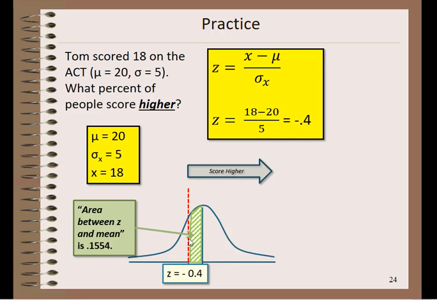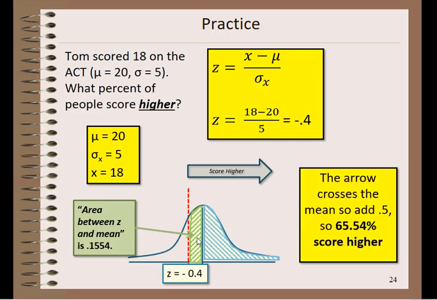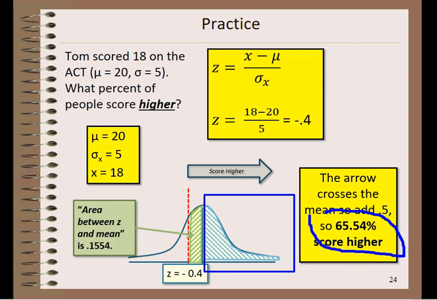So I'm in the area between the z and the mean, and when I look that up in the table, I need to get that 0.154, and because I'm crossing the middle, I need to add this extra part of the curve, that 0.5. So I end up with an answer that 65.54% of people score higher than Tom, who had that 18.